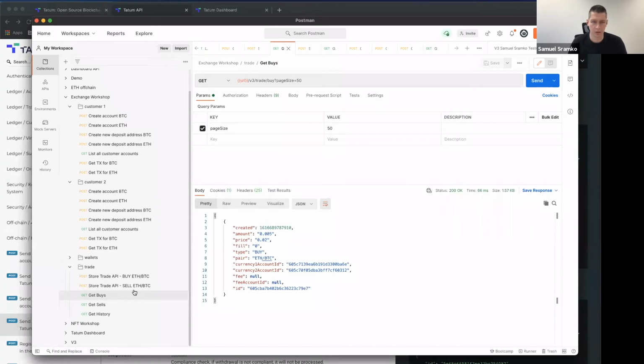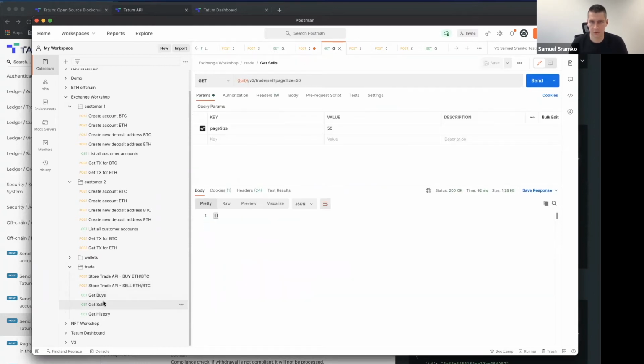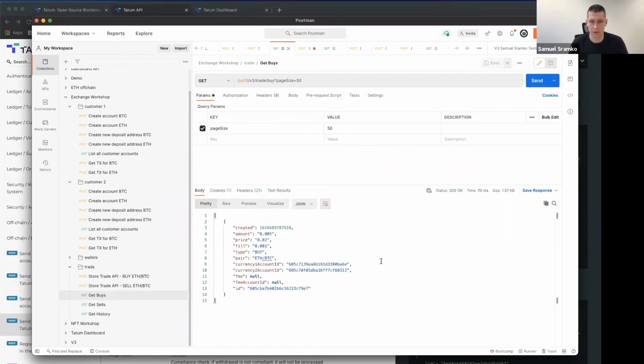Now, when we open a sell trade, and the sell trade will not be for 0.005 amount, but a lower one, for example, 0.001, what happens right now is that the sell trade is filled automatically and the buy trade is filled only partially, meaning we have filled only 0.001 of 0.005, so 20%. So the buy trade is still waiting for other counter trades to fill it by 100%.